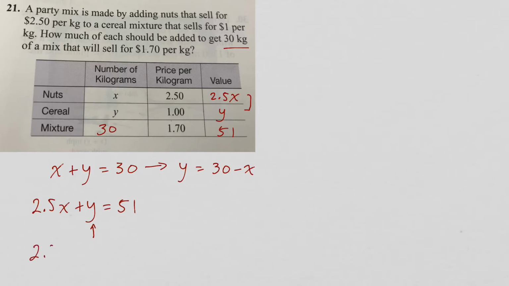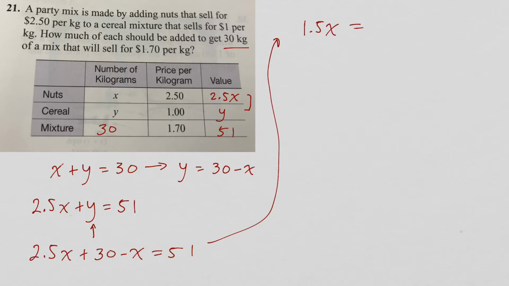So 2.5X plus 30 minus X is equal to 51. This tells me, when I combine my X's, that 1.5X must be equal to, I'll bring this over by subtracting, 21. So I'll divide 21 by 1.5, and I'll get X is equal to 14.